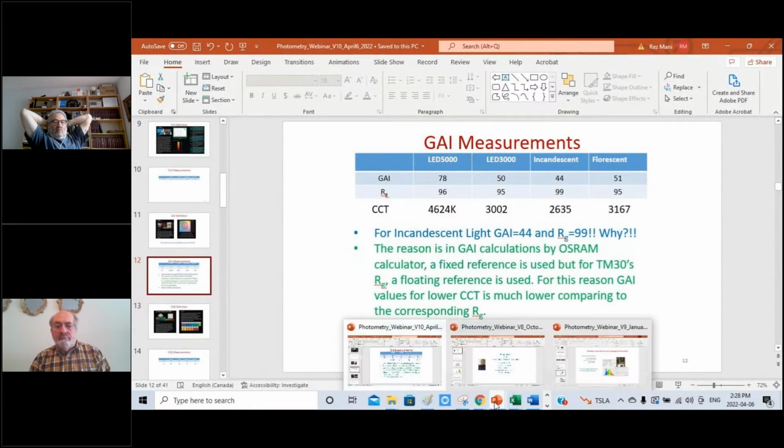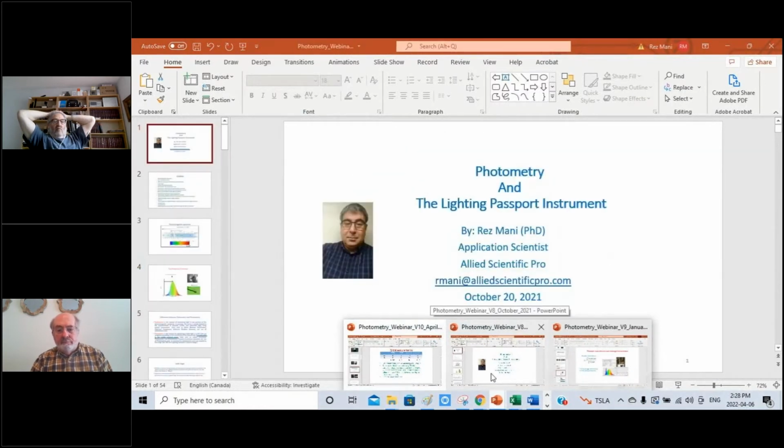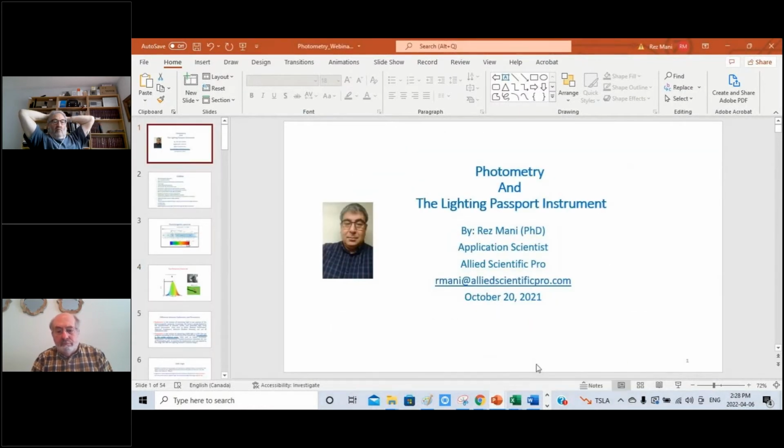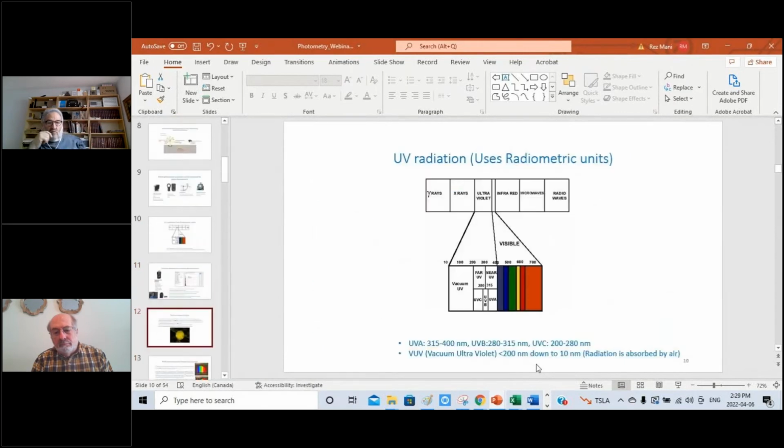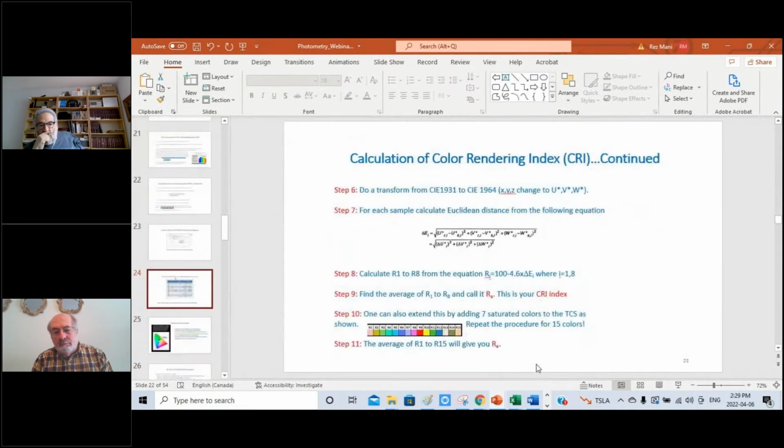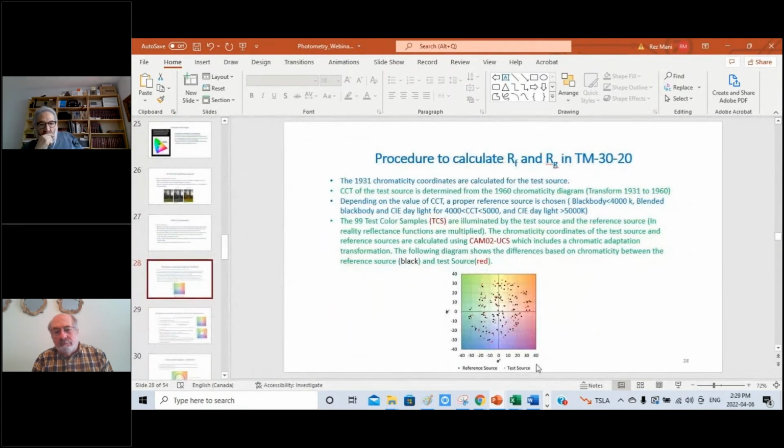So let me go to one of the other presentations that I have here, and I can tell you what I mean by that. So if we go to the TM30 calculations, right here you can see if the measured temperature is less than 4000 K, they use a black body.